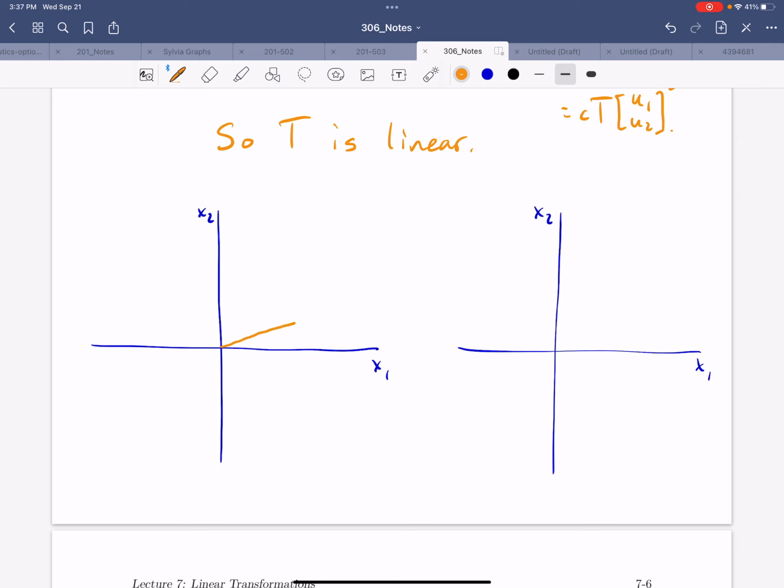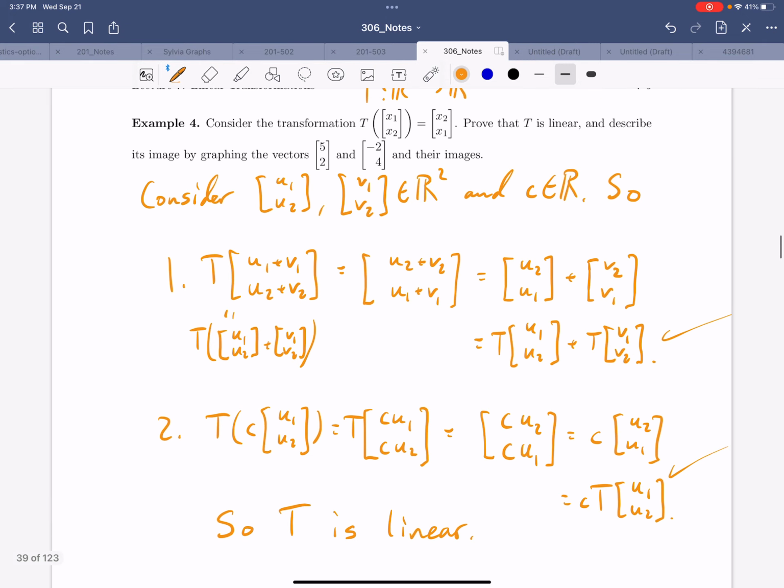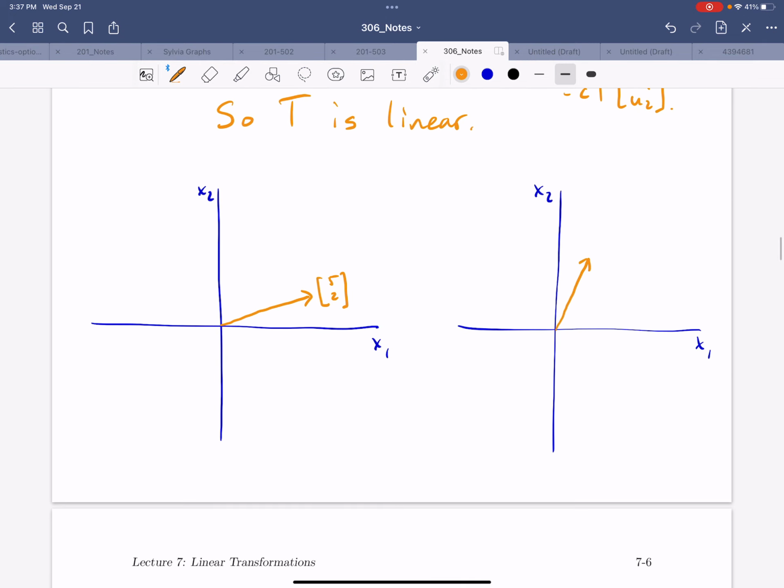Maybe that's this guy. And what happens? Well, we're sending it to the vector (2, 5). So if you think about it, it's that. And then what about the vector (negative 2, 4)? Maybe I'll use black for that. Negative 2, 4. So that looks something like this. That's going to get flipped to (4, negative 2). So it's like here.